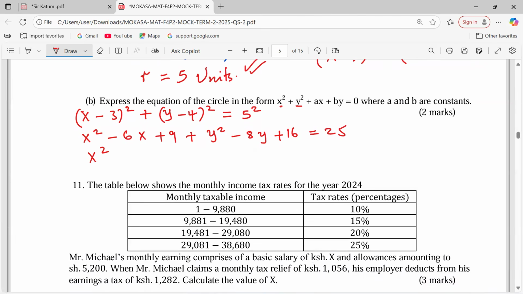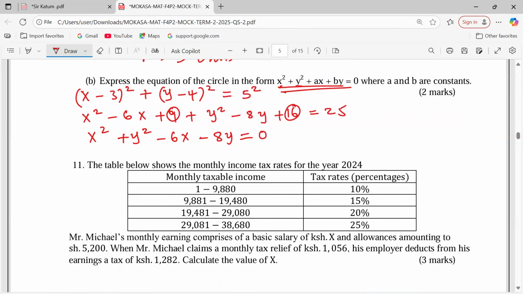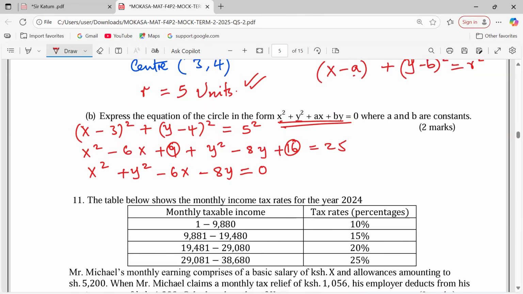Then the part with x, negative 6x, and the part with y, negative 8y, then equals 0. That is the format needed. The reason it directly becomes 0 is because 9 and 16 give us 25, and when we take it to the right-hand side, it will be 25 minus 25, just becoming 0. So that's a very technical question, but a good one anyway.